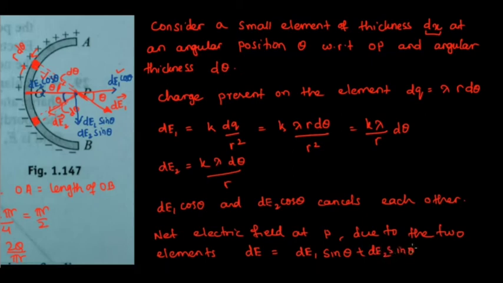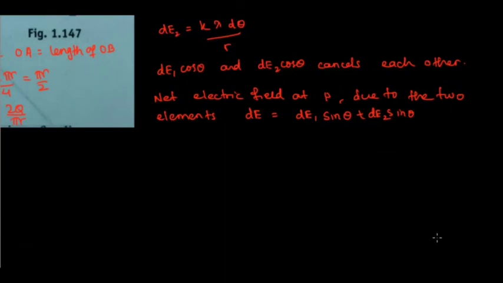And since dE1 and dE2 have the same value, I can write this as 2 dE1 sin theta. Is that clear? And what is dE1? dE1 is k lambda d theta divided by r, and then I have to write sin theta here. Is that clear?